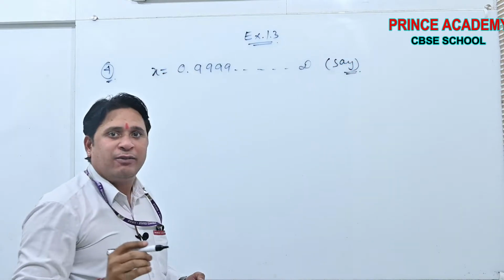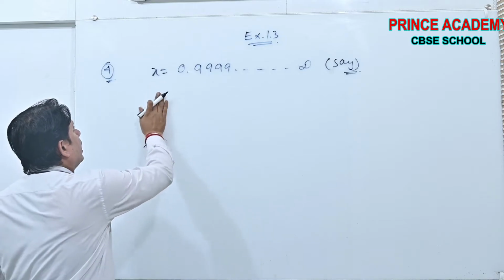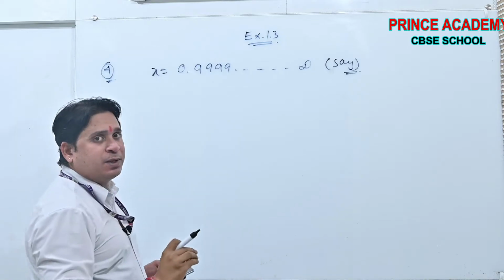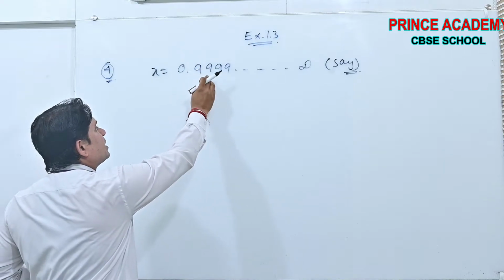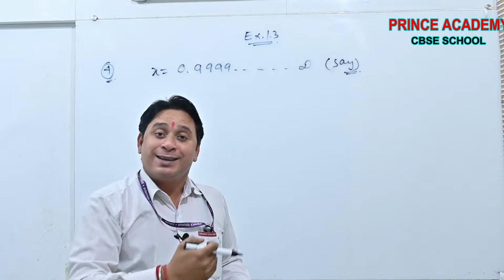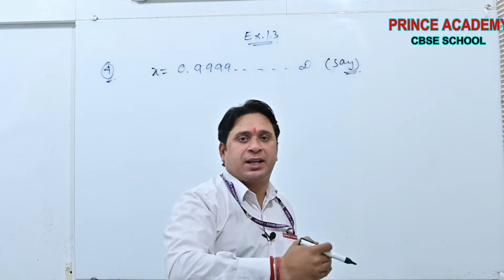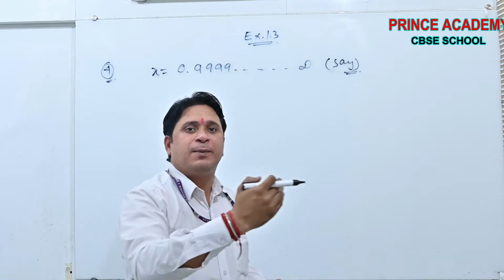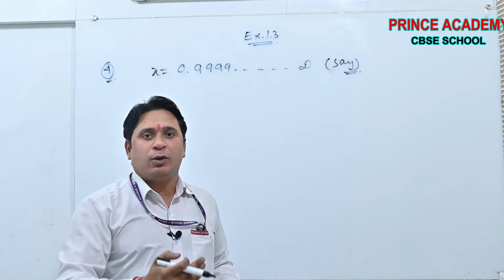In the last video I told you how to sort out this kind of problem. We have to shift the decimal such that the part after the decimal remains the same as in the original, so that if we subtract the equations, we will get only an integer.